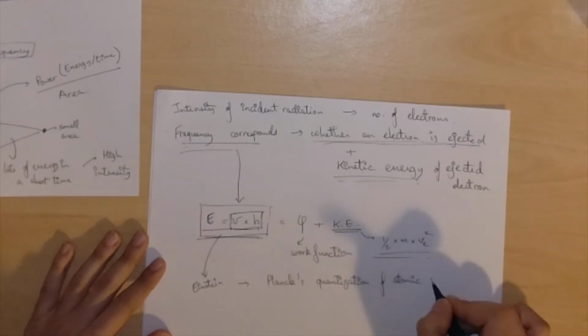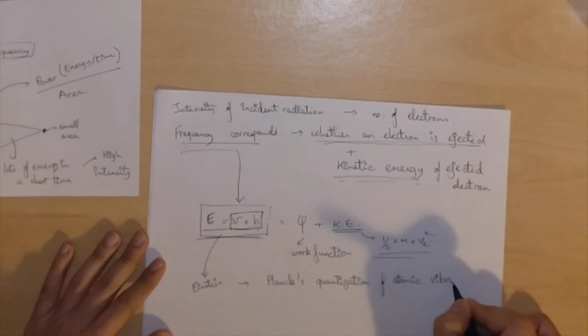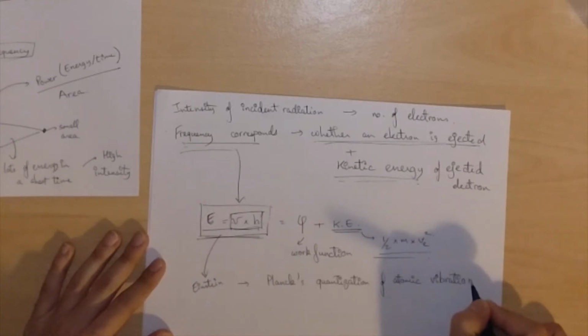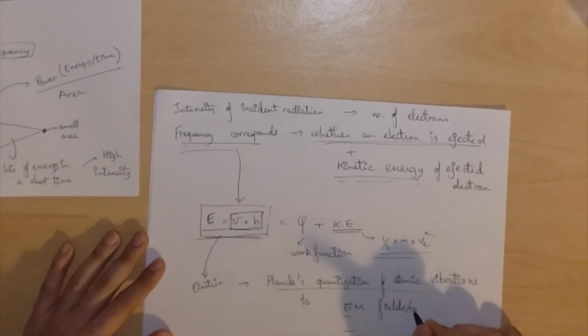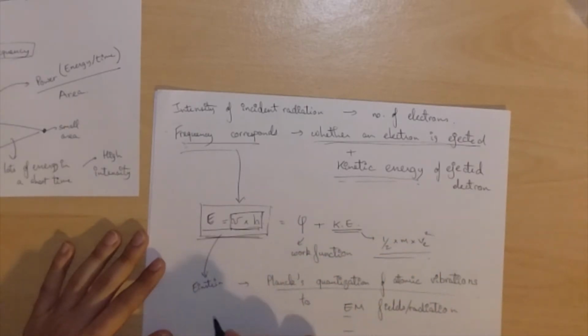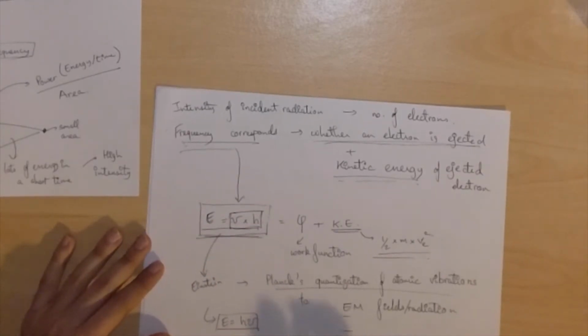Remember how Planck said, to explain blackbody radiation, that the vibrational energies are discrete and not continuous? So by applying this to electromagnetic fields or radiation, so by applying it to light, he was able to come up with the same expression as Planck. Energy is equal to h times frequency of incident radiation.